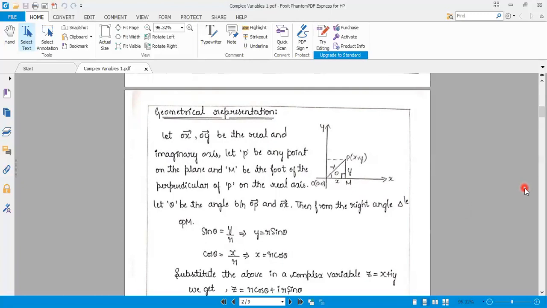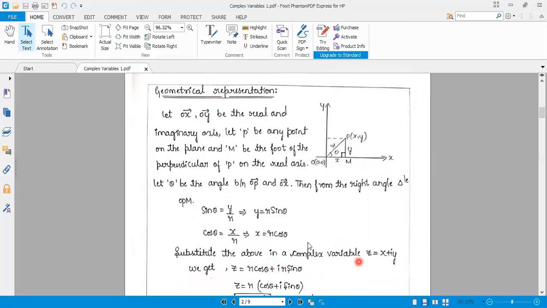Now OPM is a right angle triangle. From that, sin theta equals y by r, cos theta equals x by r. From this, you can write y equals r sin theta, x equals r cos theta.